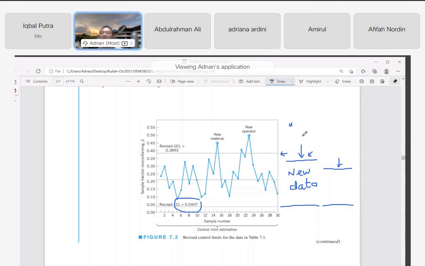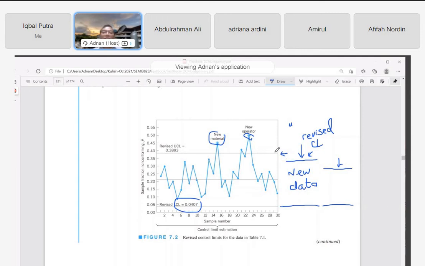The revised control limit here is based on the old data, but with the data outside the control limit removed. We revise the control limit by eliminating this point.